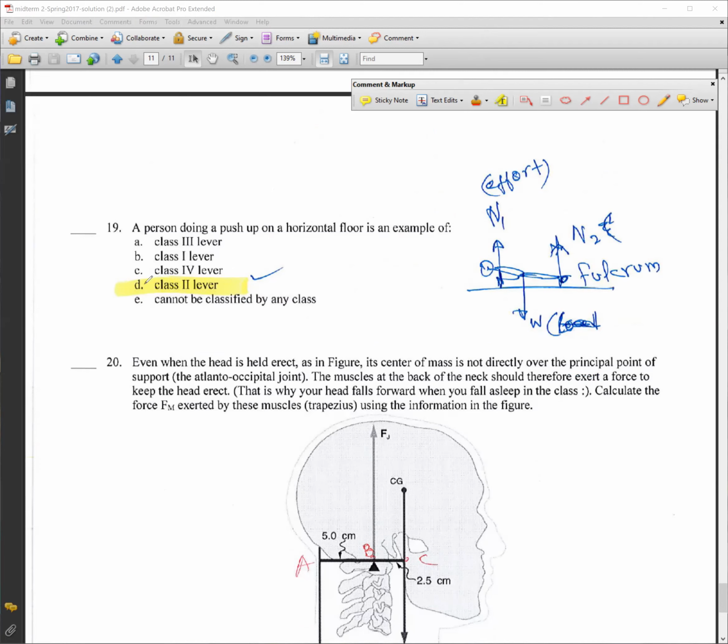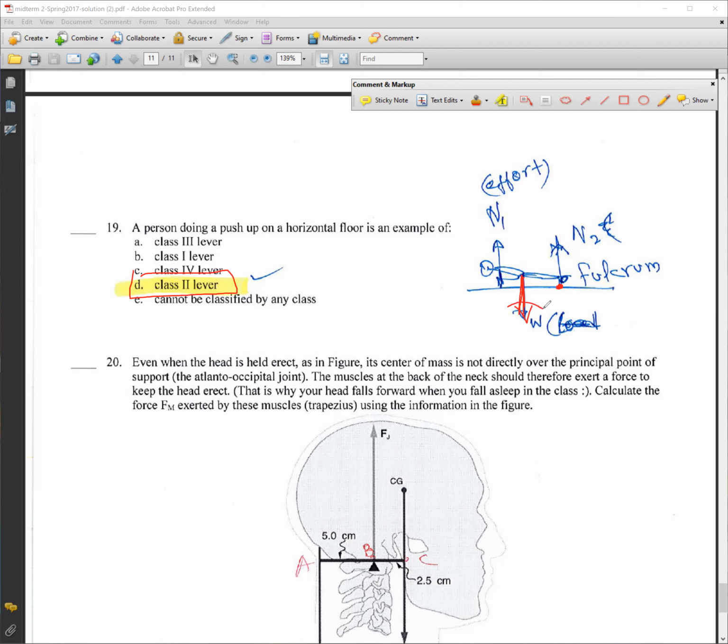from that midterm, and we said class 2 corresponds to, let's say this is the fulcrum here at the level of the toes, the feet, and then the body weight comes right next to or just after the fulcrum.